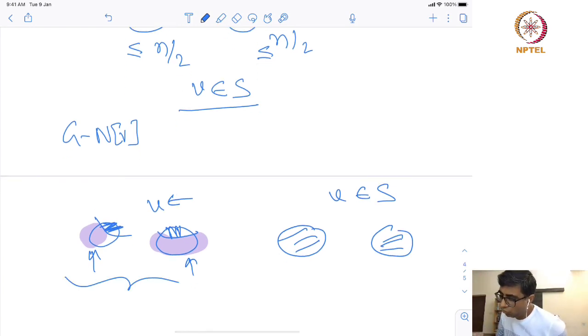In this case, you might have many components, but each component has size at most n by 2, because we only had two components of size at most n by 2, and if you delete more vertices from these components, you can only get smaller components, not more than n over 2 size.